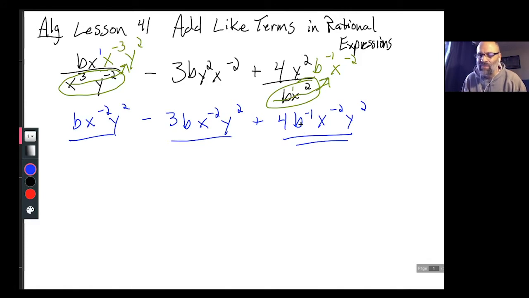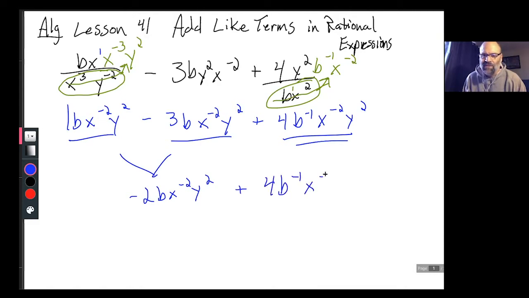That little -1 made it not like these others. But you can combine these together. There's no number in front of that, so that's 1b x to the -2 y squared. So 1 minus 3 is -2 b x to the -2 y squared, plus this guy didn't get to combine with anything, so leave it alone.